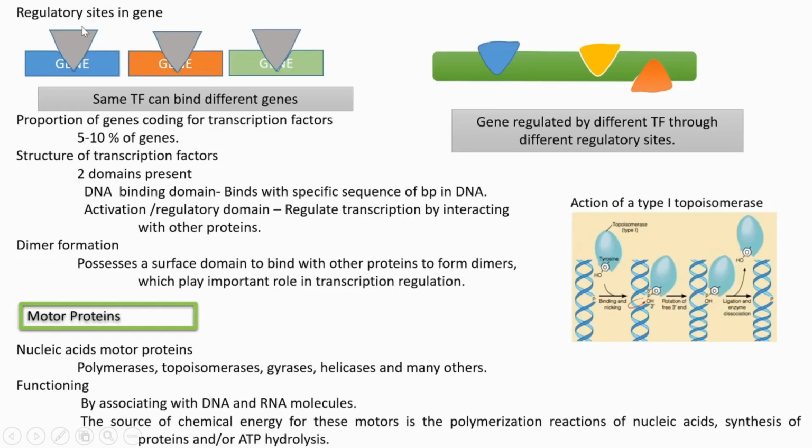Okay. Next, regarding the regulatory sites in a gene. Regulatory sites are the sites in the gene where transcription factors bind. If we take a specific type of transcription factor, different genes can have the same regulatory site for binding that particular transcription factor.